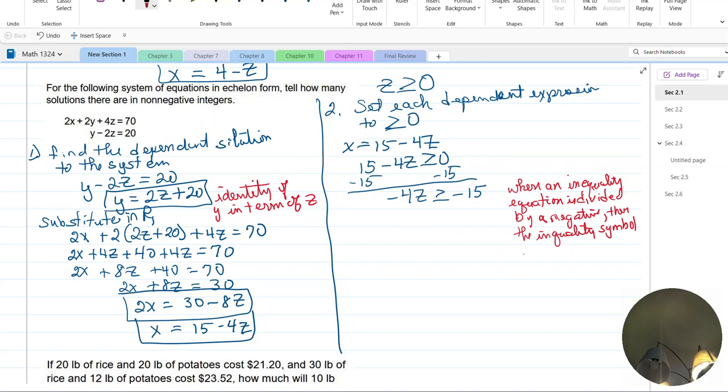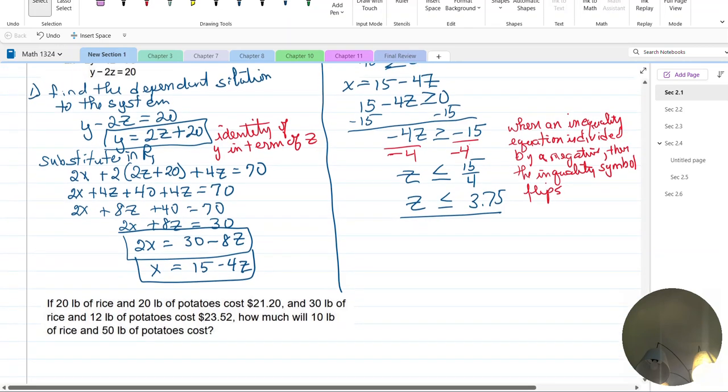All right, so if I divide by negative 4, sorry, then I'm going to have z is less than or equal to a positive 15 fourths. And a positive 15 fourths is 3 and 75 hundredths, 3.75. So z has to be less than that value in order to work for both of the linear equations.